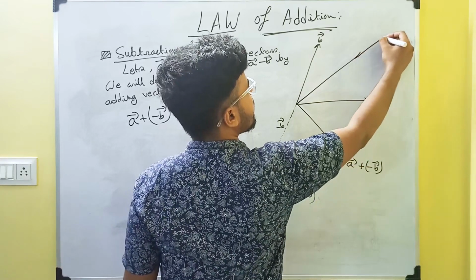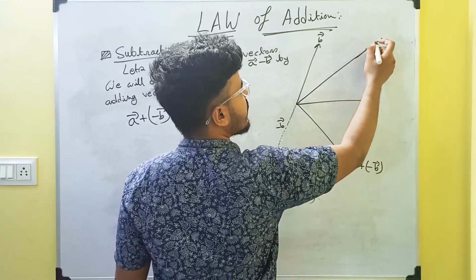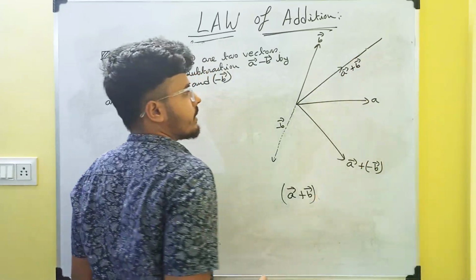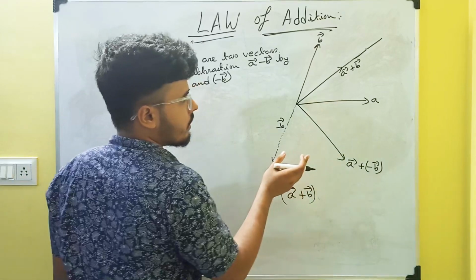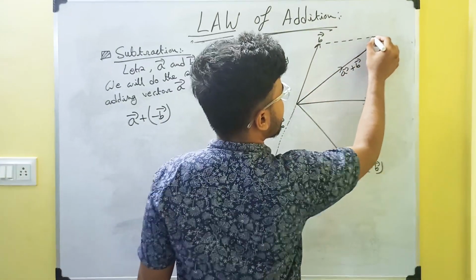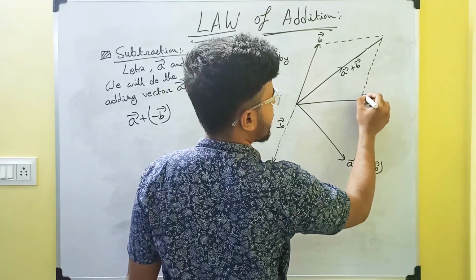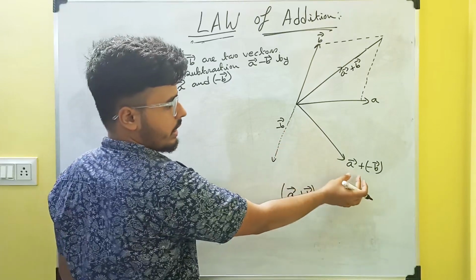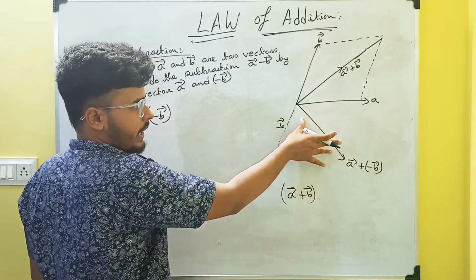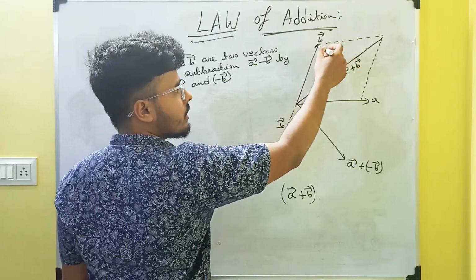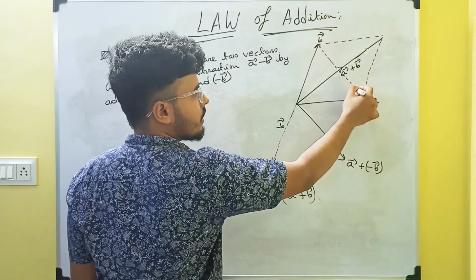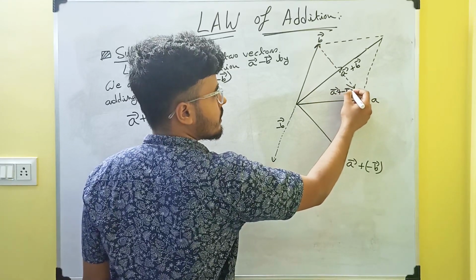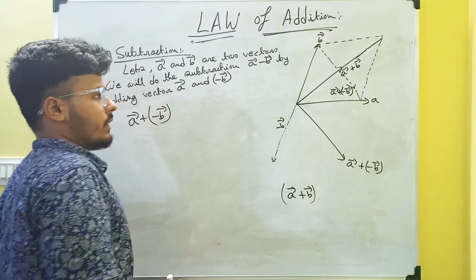This one, right? This one would have been the resultant of A plus B. Now let's draw a parallelogram. Now, if we shift this vector, I mean A plus minus B vector, parallelly to here, you can see that this one is the A plus minus B vector.